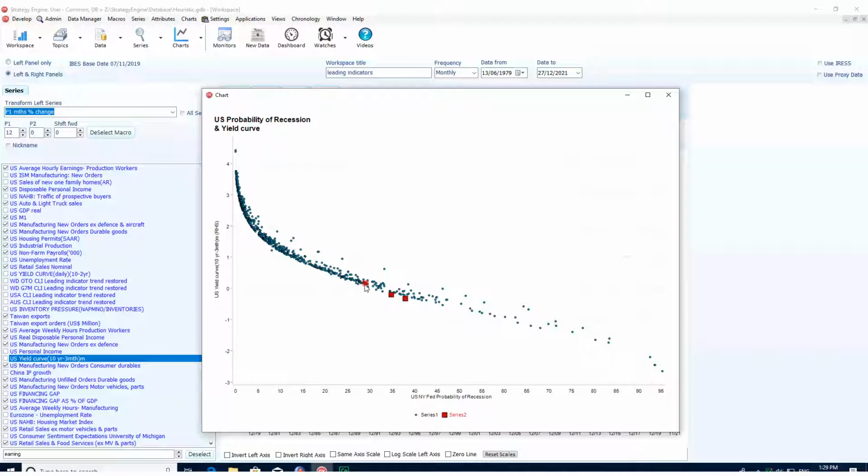Now, over the past couple of weeks, the yield curve has steepened up a bit further. So one suspects that, if we were to update this model now, it would have a recession probability maybe in the 20 to 25% range. So considerably less than what it was even back in August.